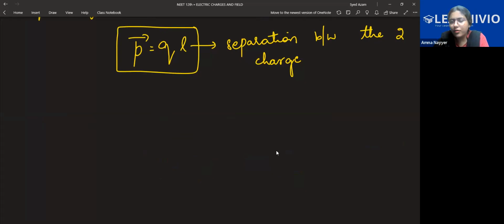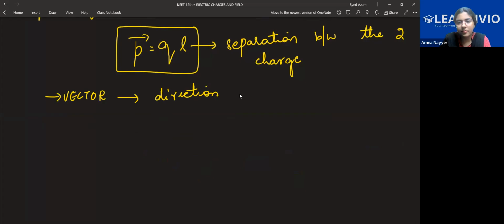But in NEET you have to give your final answers, and Q into L is sufficient as long as you know that L is the separation between both the charges, and it's a vector, and its direction, tell me class. Negative to positive, yeah. Negative to positive.